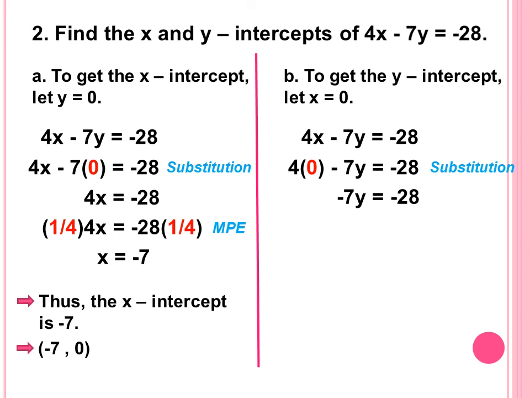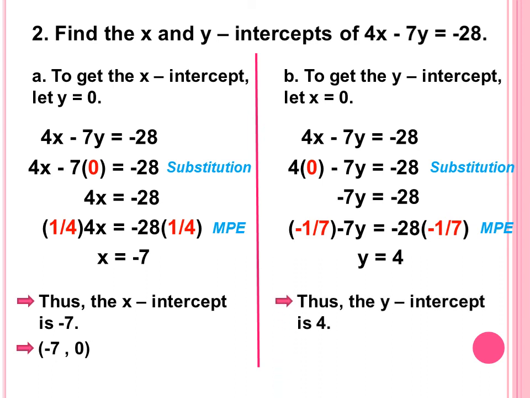So we will think of the multiplicative inverse of negative 7. And that is negative 1 over 7. Okay, multiply both sides of the equation by negative 1 over 7. It will be y is equal to 4. Thus, the y-intercept is 4. And the coordinates are (0, 4).